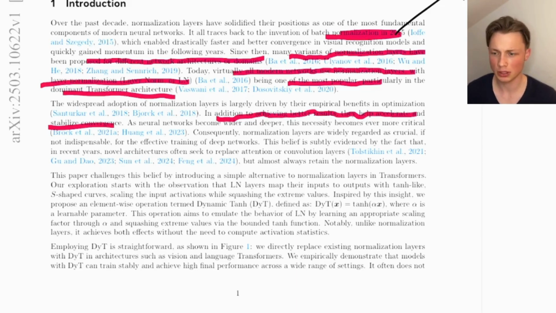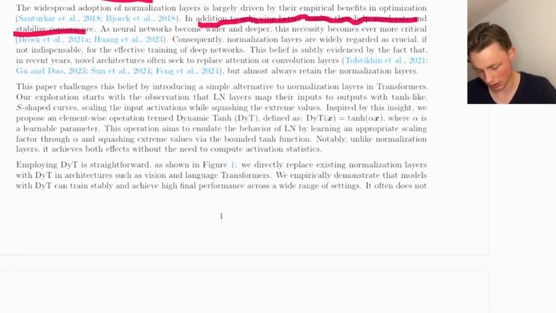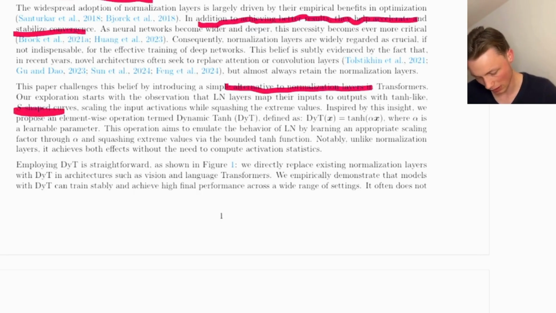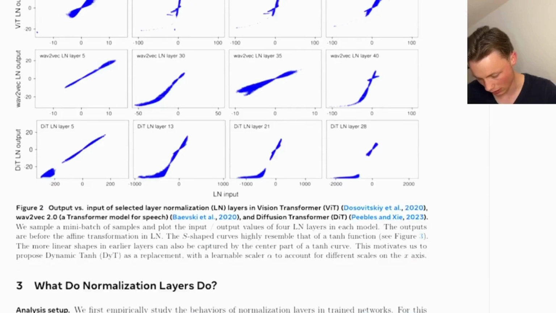So this paper challenged these beliefs by introducing a simple alternative normalization layer in transformers. Our exploration starts with the observation that LayerNorm layers map their inputs to outputs with tangent-like S-shaped curves. So let's maybe just dive into what they mean.